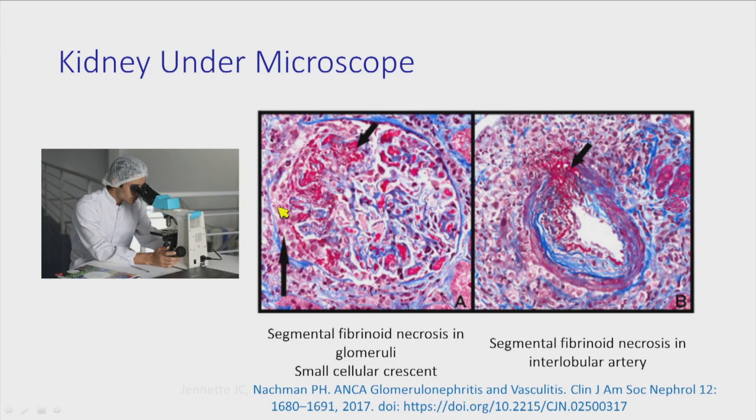So basically, we see inflammatory cells invading this area. They are not normally there. When the damage is getting more stable, or translating into scarring, is when we see areas of necrosis or basically irreversible damage.